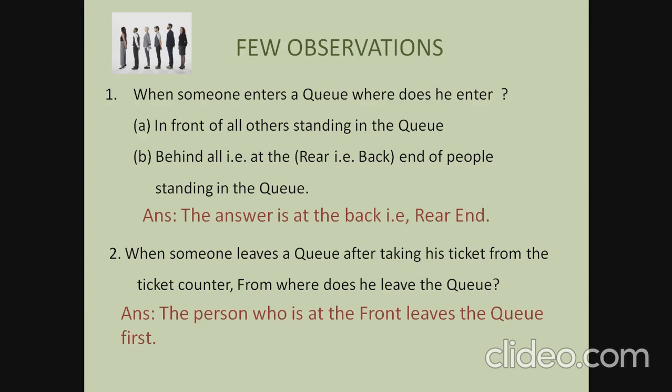But in queues, I have to take into consideration both the ends, the rear end also and the front end also. Rear end for insertion and the front end for deletion. Therefore, here we need two variables, that is rear as well as front, and both of them have to be maintained simultaneously.